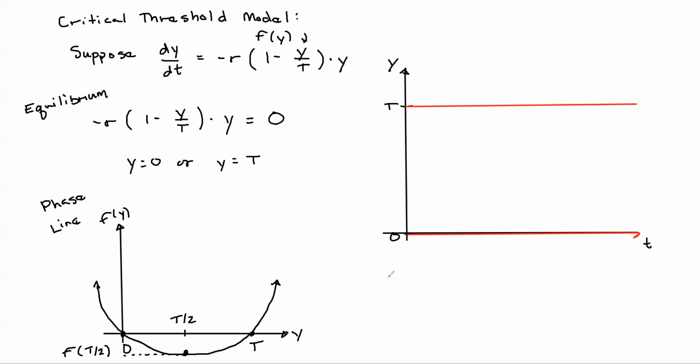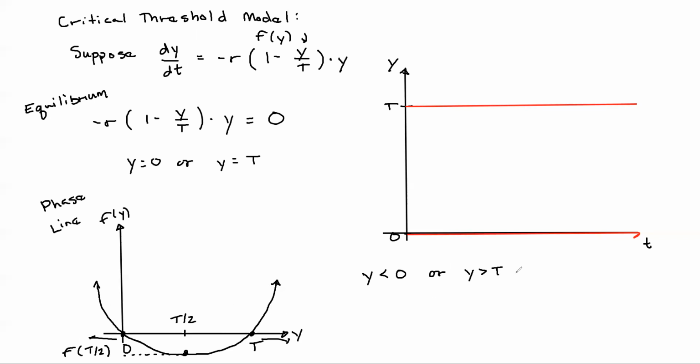So we can say, when y is less than 0 or y is greater than t, so less than 0 to the left, greater than t to the right, what can we say about f of y? Well, we can say that it is positive. It's above the y-axis.